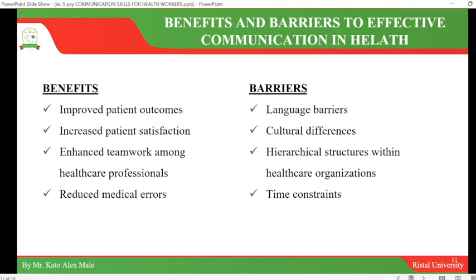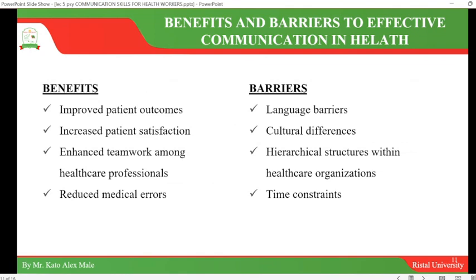Another barrier is hierarchical structures within healthcare organizations. This is a barrier in a way that, in case you want to pass on a certain communication to the executive director of that health facility, but you are just a mere health worker, you cannot go directly to him. Perhaps you want to communicate the way patients are feeling, or tell him something about the services being provided at the facility.